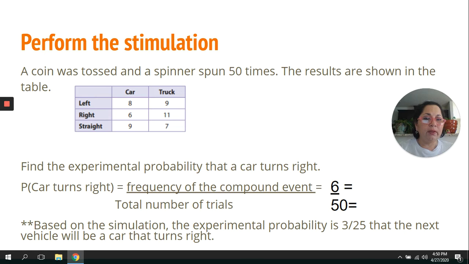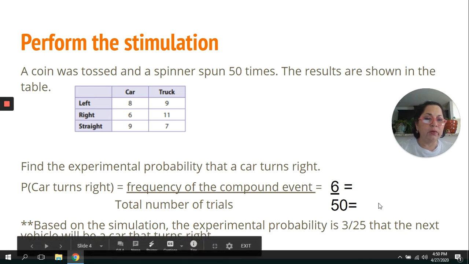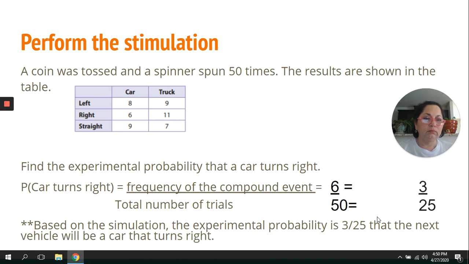So 6 divided by 2 and 50 divided by 2 is going to give you 3/25. So based on the simulation, the experimental probability is 3/25 that the next vehicle will be a car that turns right.